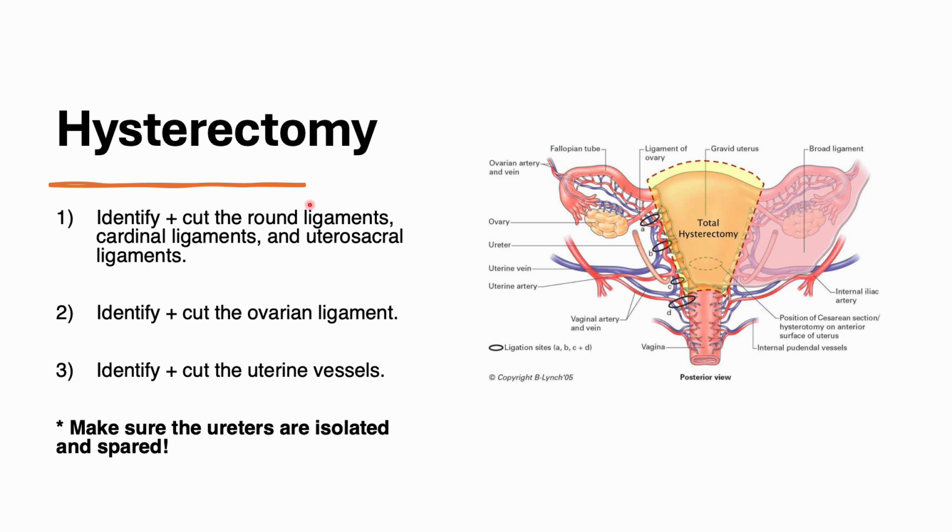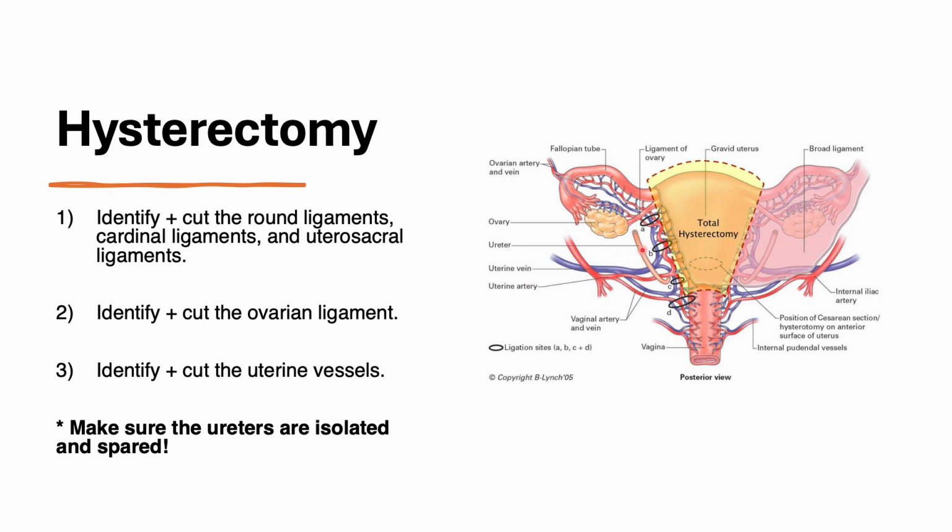And then I just wanted to include this here because I feel like this is also many test questions: what needs to be cut, identified, and severed during a hysterectomy. During a total hysterectomy, the first things you're going to do is identify the round ligaments of the uterus, the cardinal ligaments, and the uterosacral, because those are all like the seatbelts of the uterus. So you're going to identify all three of those ligaments and cut them.